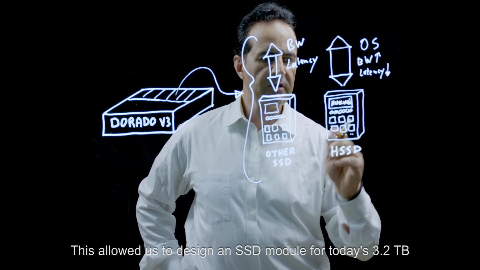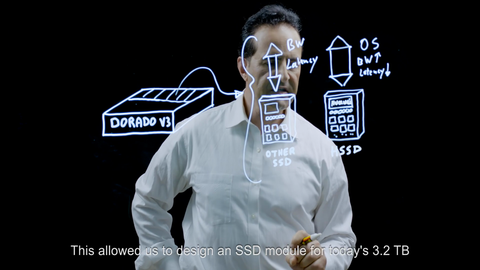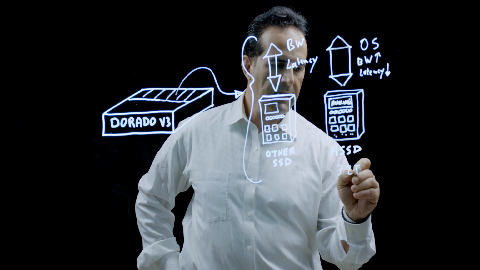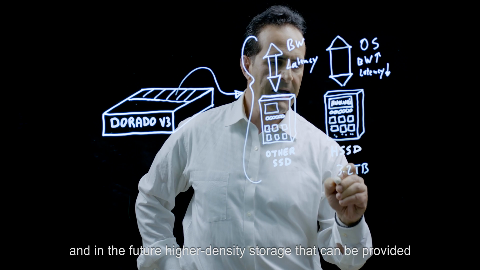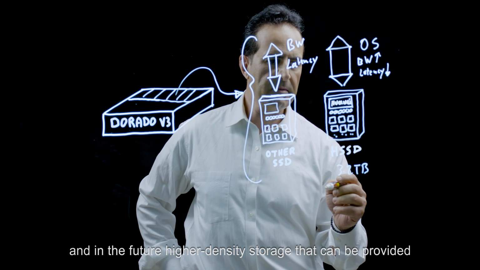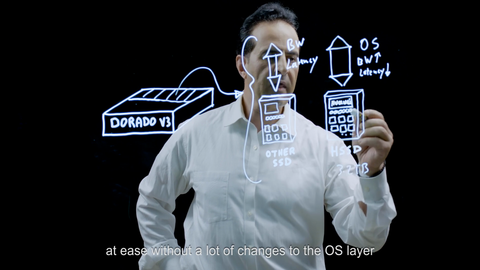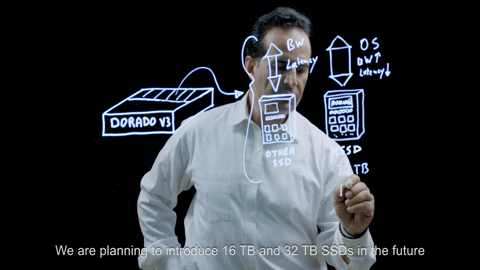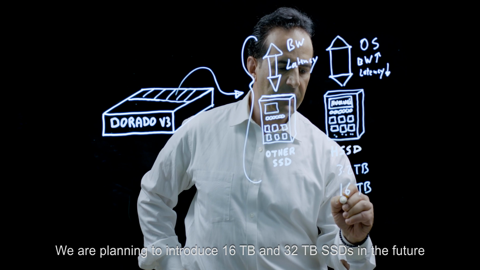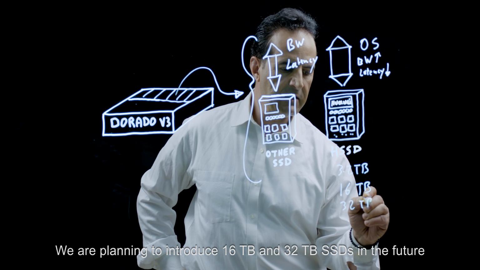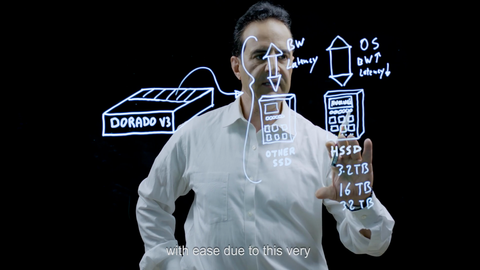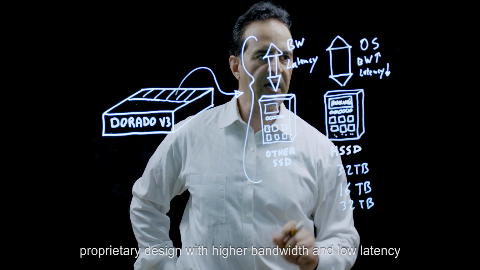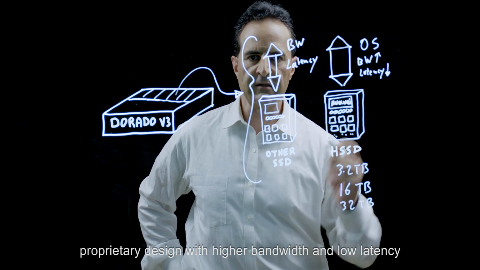This allowed us to design an SSD module for today's 3.2 terabytes, and in the future, higher density storage can be provided at ease without a lot of changes to the OS layer. We are planning to introduce 16 terabytes and 32 terabytes SSD in the future with ease due to this very proprietary design with higher bandwidth and low latency.